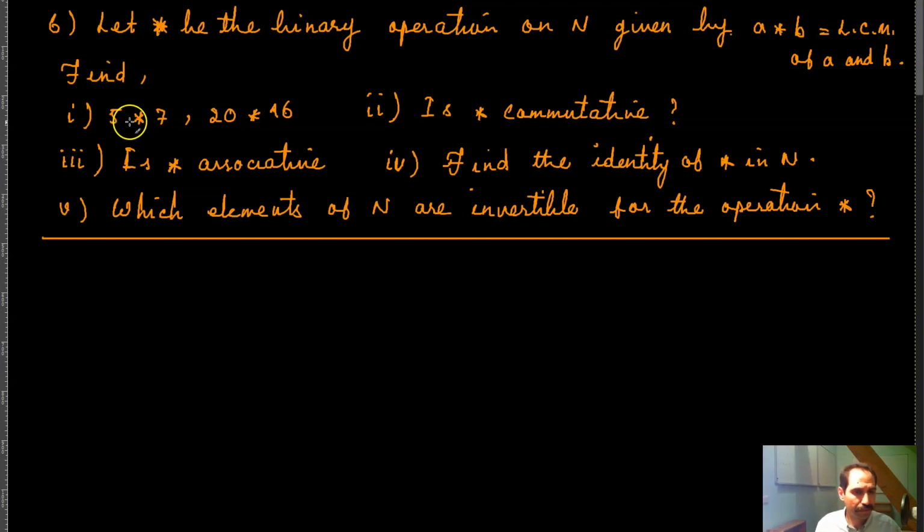You want to find 5 star 7 and 20 star 16, and you want to know whether star is commutative or associative, and you want to find the identity of star in N, and also which elements of N are invertible for the operation star.